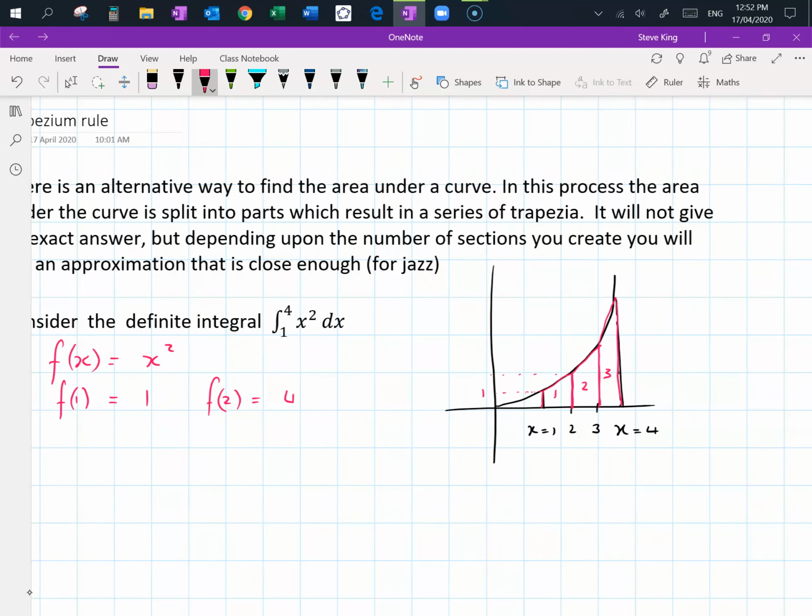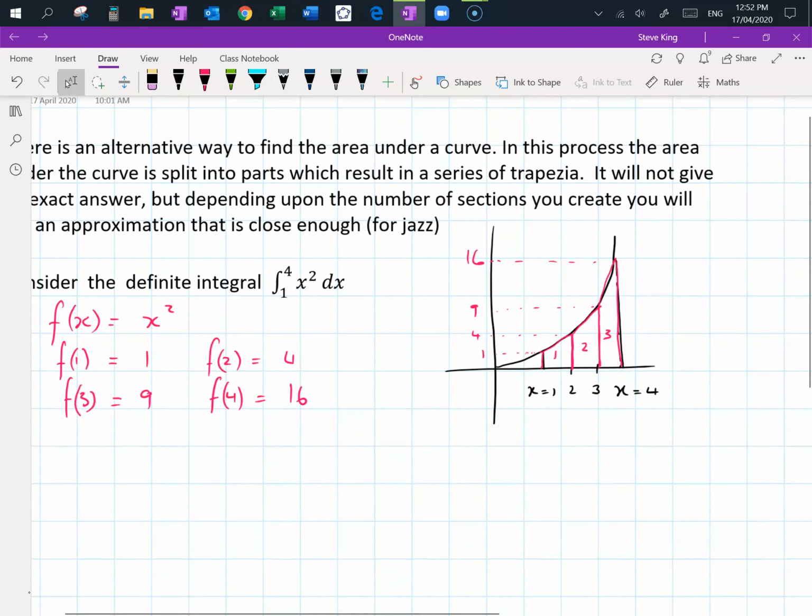That value over there is 4. f of 3, well, that value over there is 9, because 3 squared is 9. And f of 4 is going to be 16. That value over there is 16.